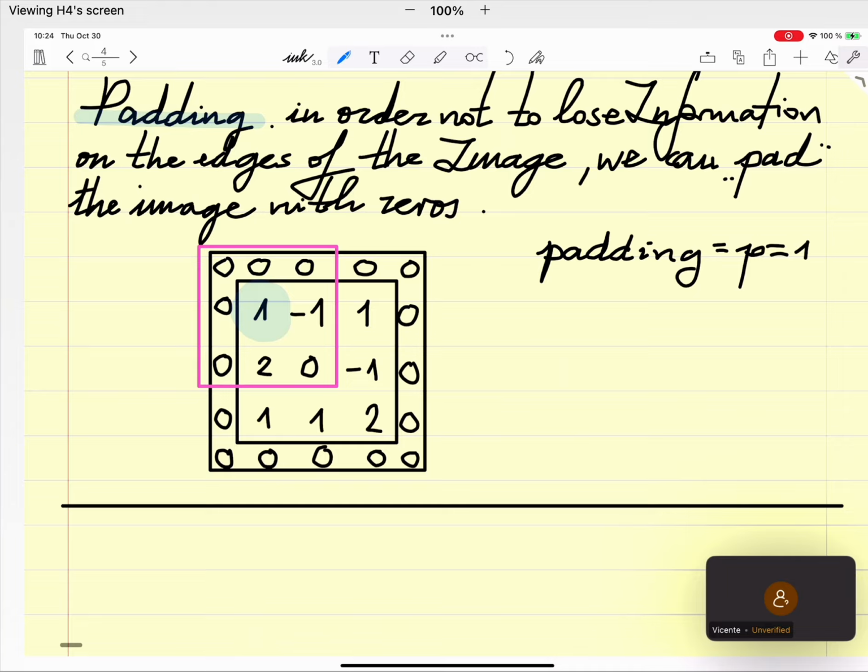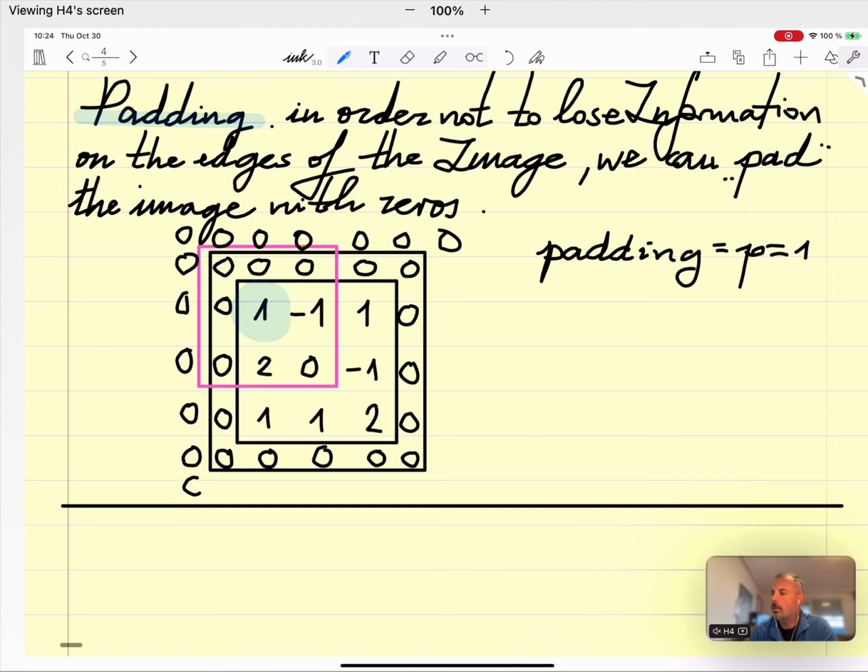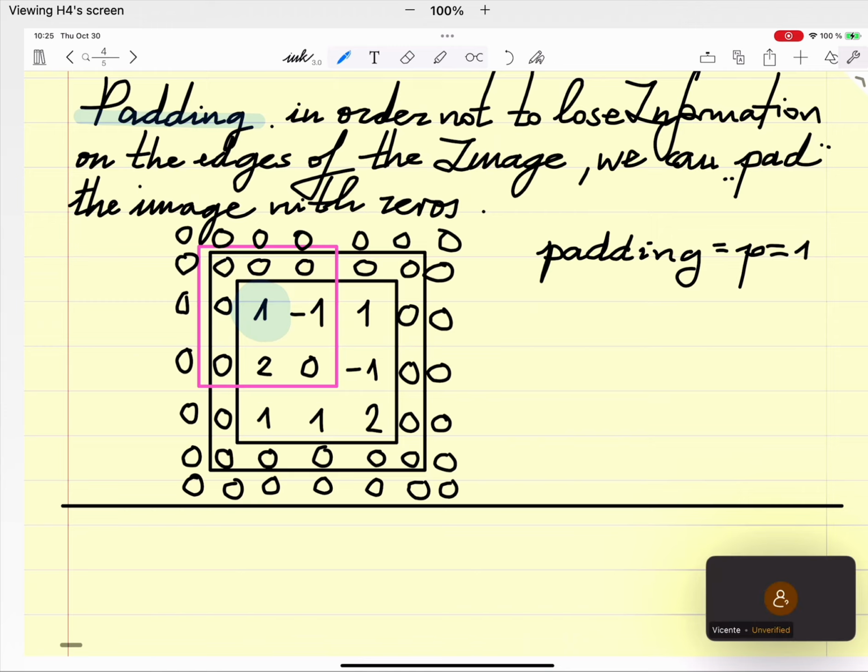Yeah, if p equals 2, then you get two rows, like this. This is p equals 2.